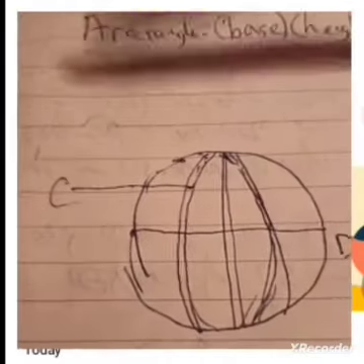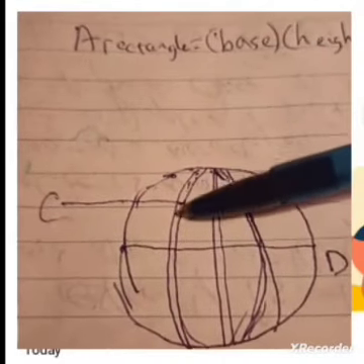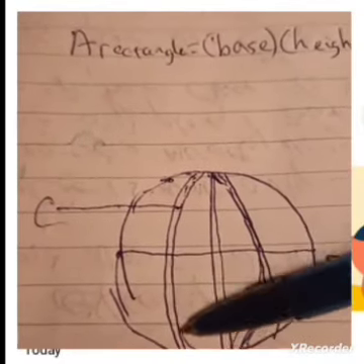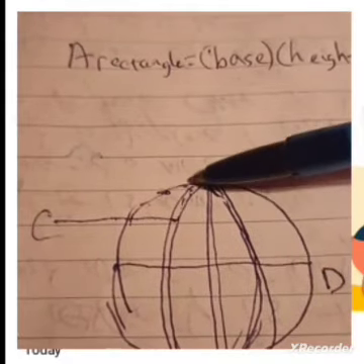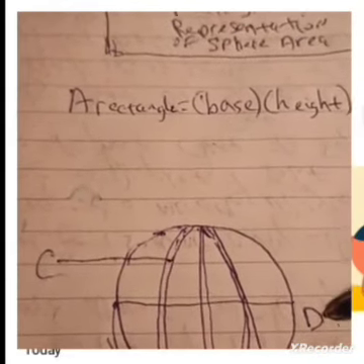So maybe a better drawing for that would be down here. We do have the circumference, and the length and the width of each one would be a small fraction of d.